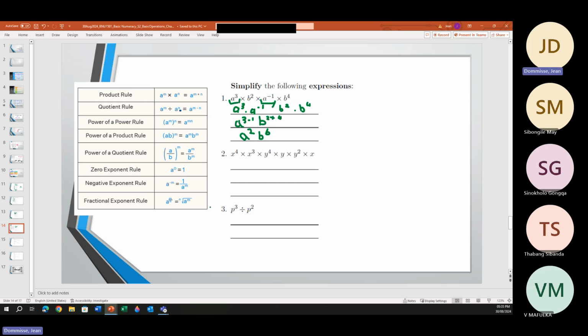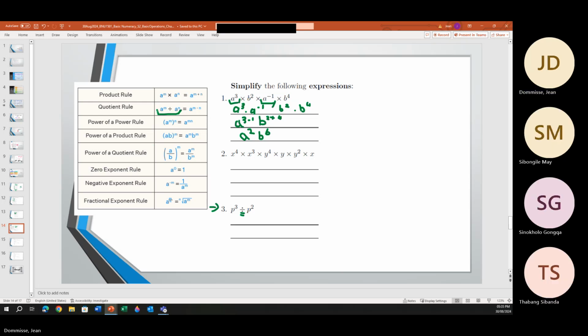Okay, then I want to show you question 3. So here suddenly we work with a division. Look at this one. A to the power of M divided by A to the power of N, and what that did was to say A to the power of M minus N. So that is what that rule is saying.